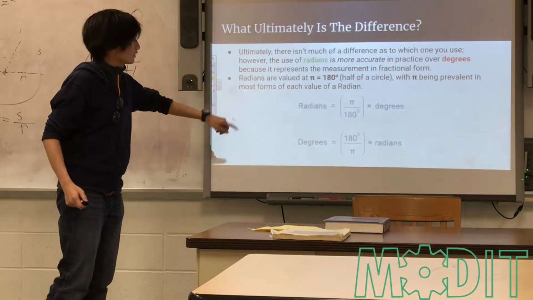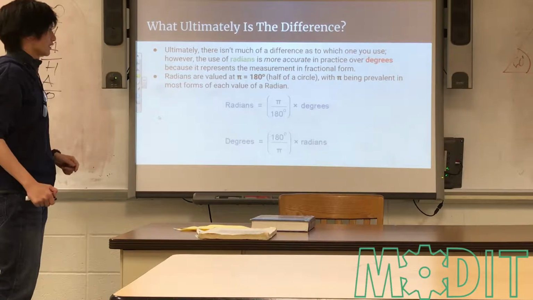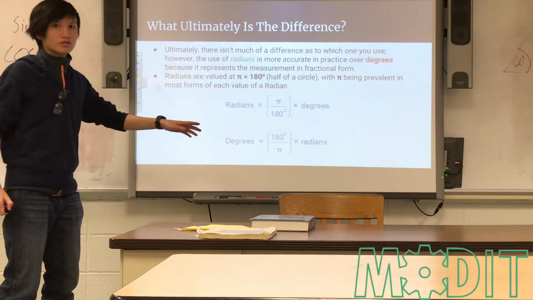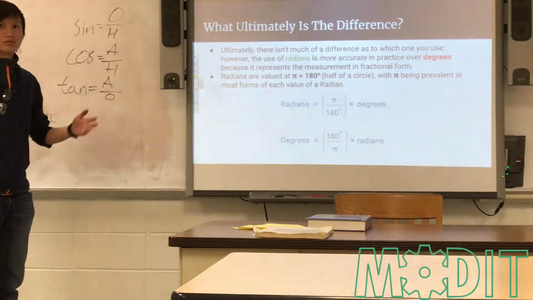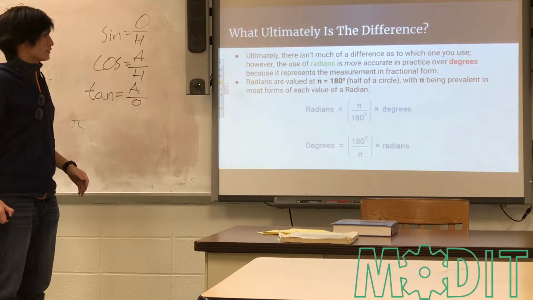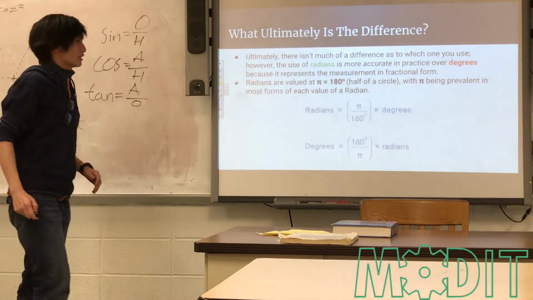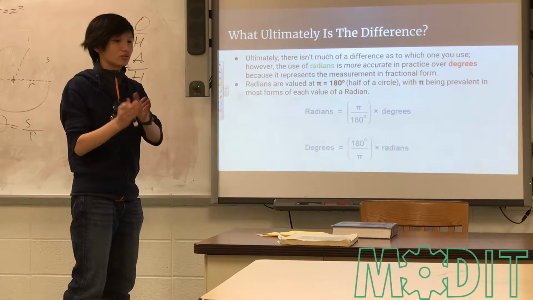You can see here the conversion of radians to degrees: radians equals pi over 180 times degrees, and degrees equals 180 over pi times radians. That's basically it to understand the transition between one and the other.